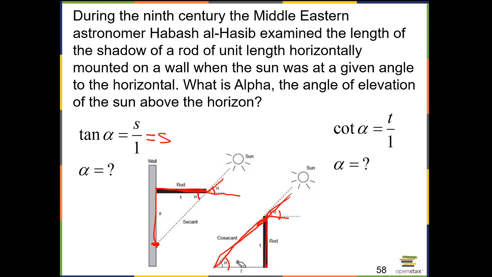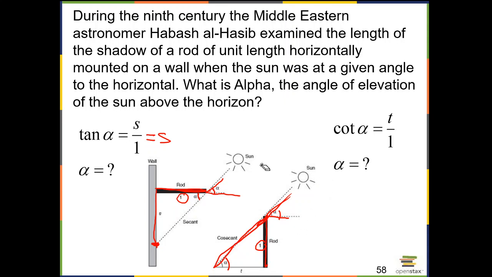Then cotangent of this would be t over the length of the stick, which we assume to be 1 unit to make it easy. So t over 1, just t, would be cotangent alpha.